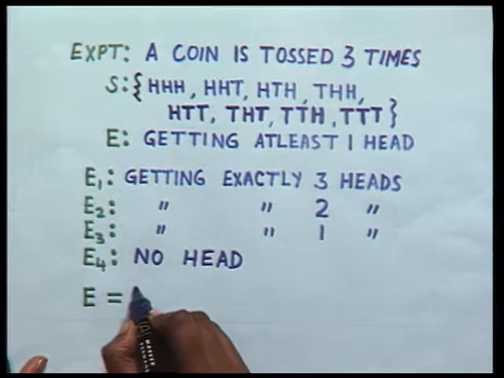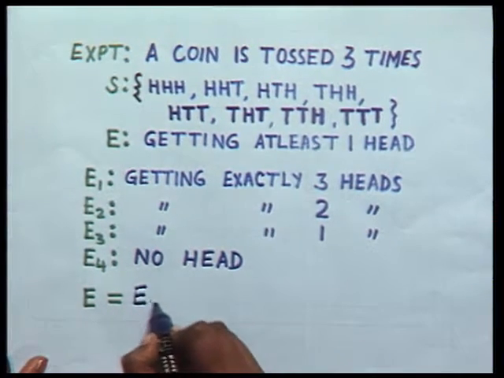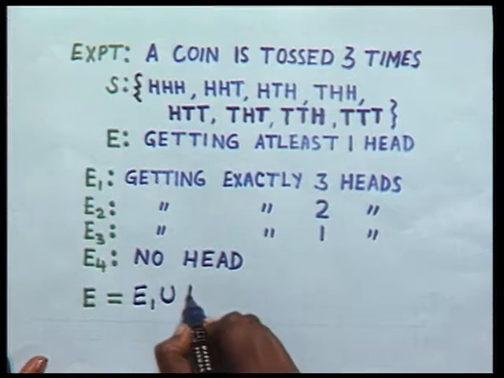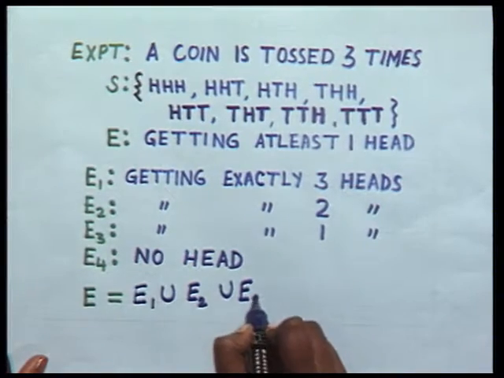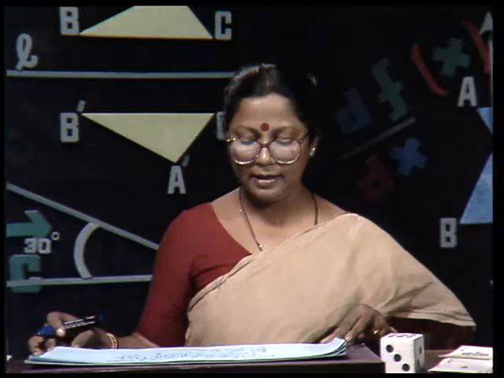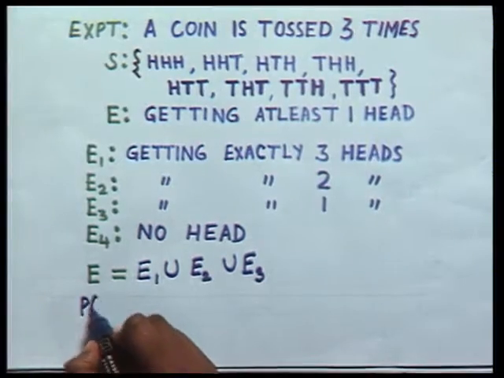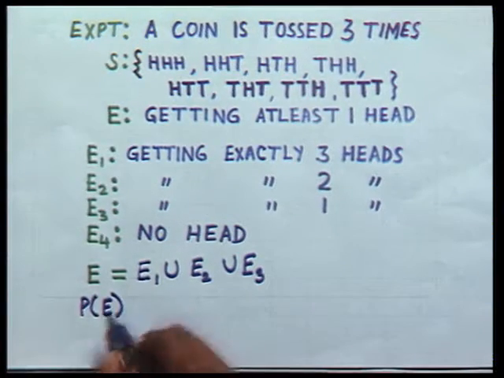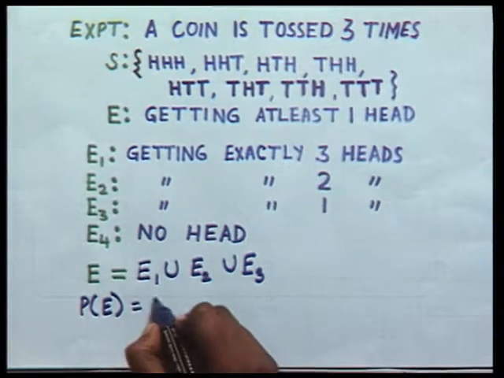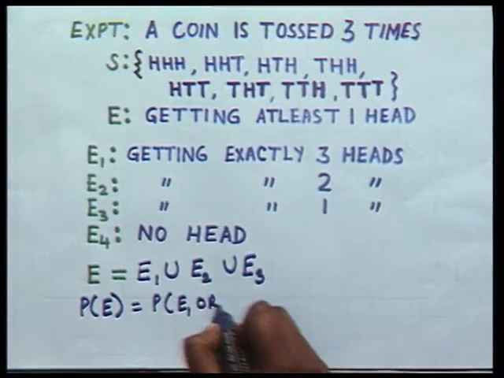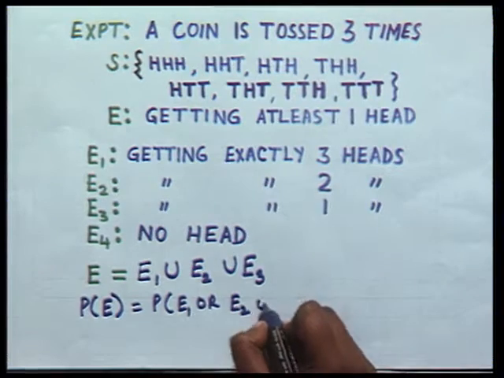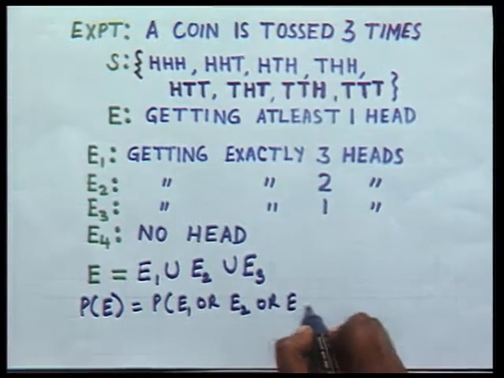That means, event E can be written as E1 union E2 union E3, such that probability of event E means probability of event E1 or event E2 or event E3.